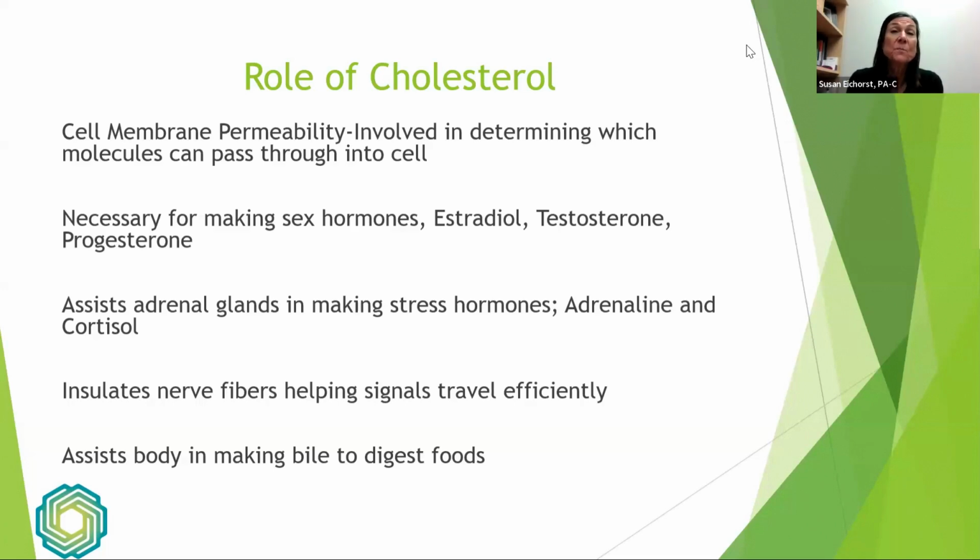Cholesterol is actually used by our body to make our sex hormones, estrogen, testosterone, progesterone. We really have a responsibility to maintain cholesterol so that all these other components can be made adequately. And when we do things to lower cholesterol numbers, we are also affecting the downstream hormones that are trying to be made. Cholesterol assists our adrenal glands in making their hormones, our stress hormones of adrenaline, cortisol.